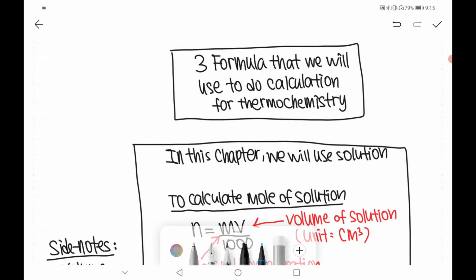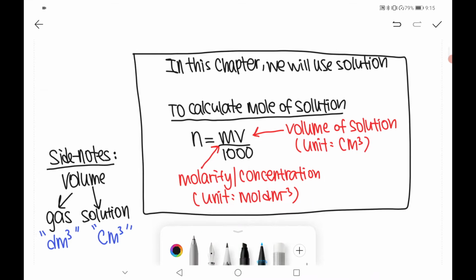All right, let's do a quick revision. This is the formula for us to calculate the mole for a solution: n equal to MV over 1000. The small n here is the mole that we want to calculate.